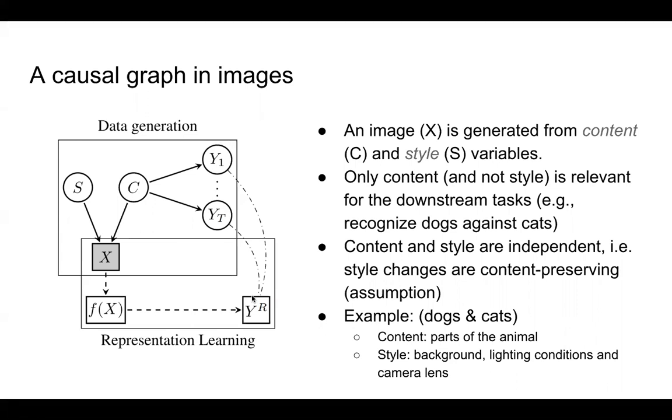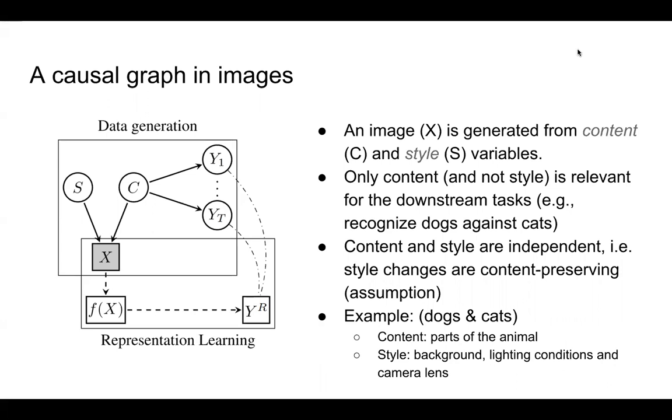That also makes some sense because a dog, whether on a beach, in a sea, in a forest, or in a house, should be independent, because a dog is a dog and the environment is the environment. So it also makes sense in real cases. That is to say, if we change the style, it will not change the content.